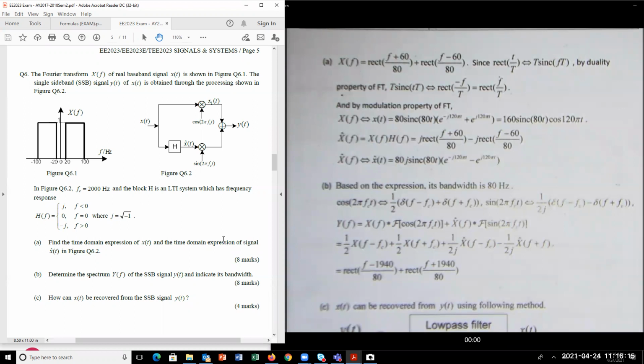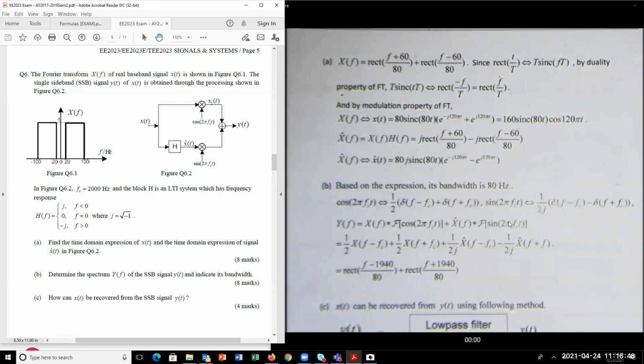How to know which HF we should use? If you look at this, it's because of this function. How do you know? Because it says for negative frequency, HF is J. So if you look at the convolution here, for this part, because it's X hat convolved with sine, you have the positive part and the negative part.